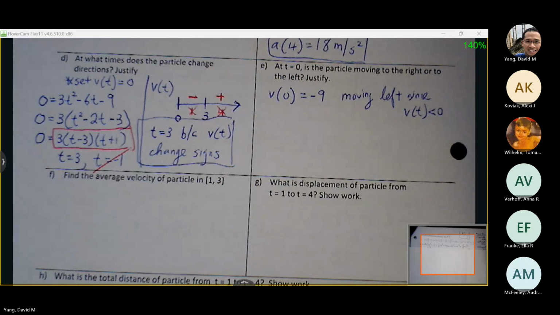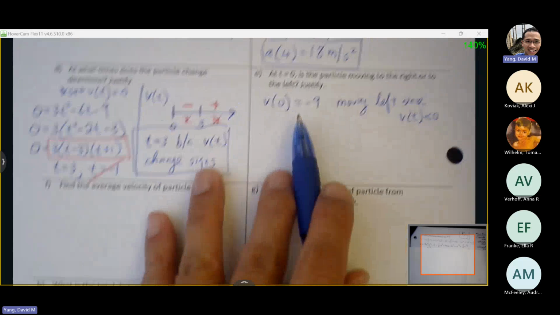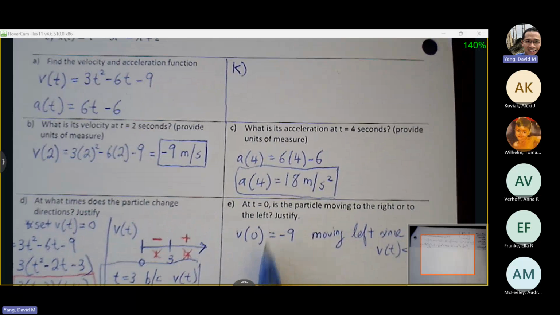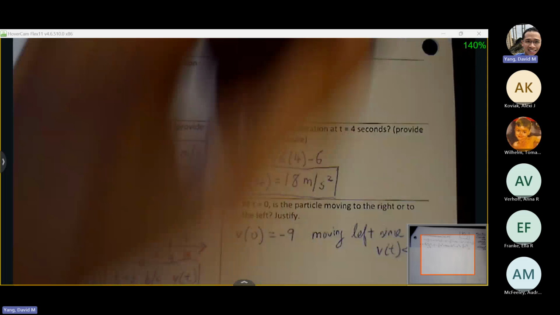So if we can go up to the saved space that I have for K, can we find intervals of moving left and moving right along with justification?